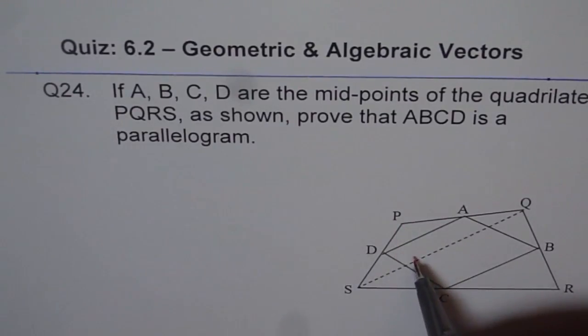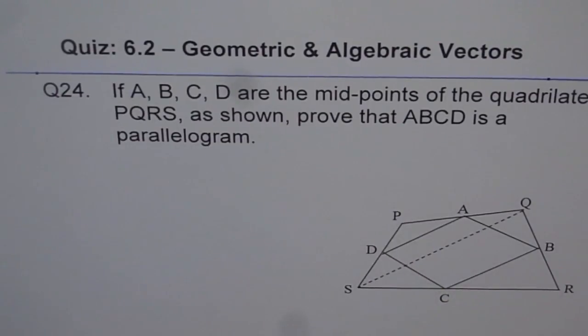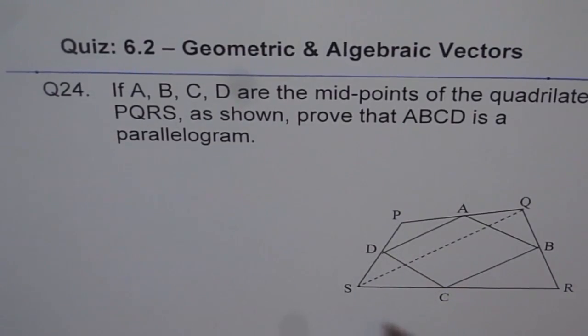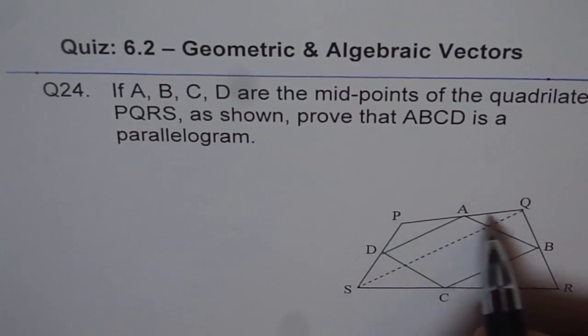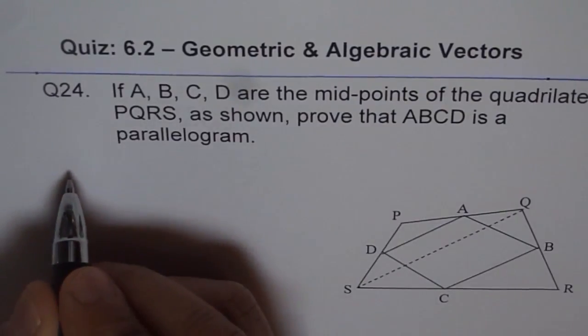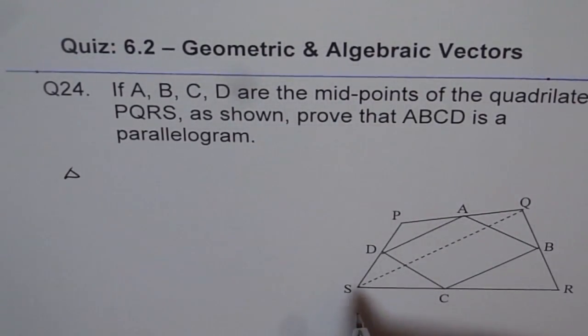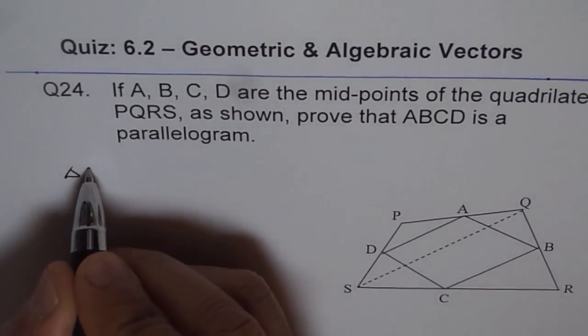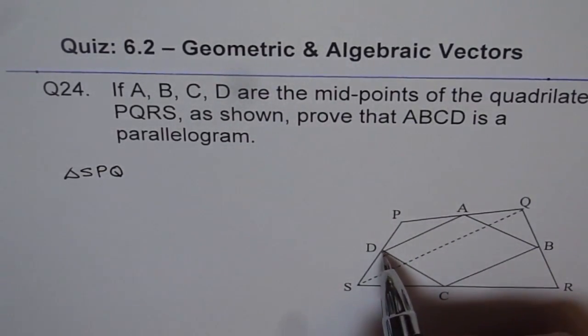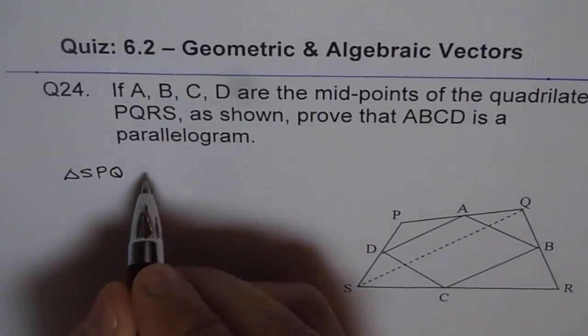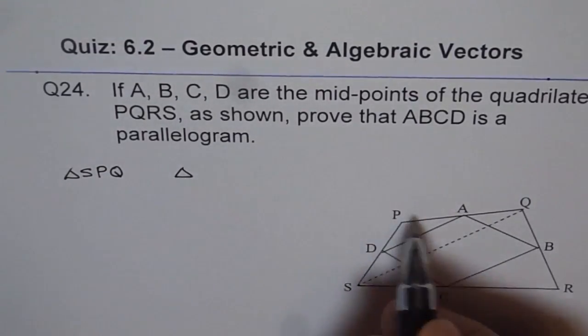The first set I'm considering is this big triangle, let's say SPQ, and a smaller triangle right there, DPA.